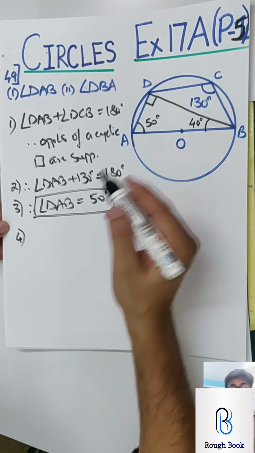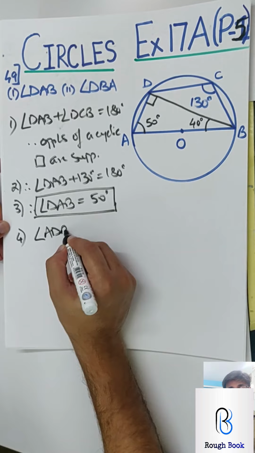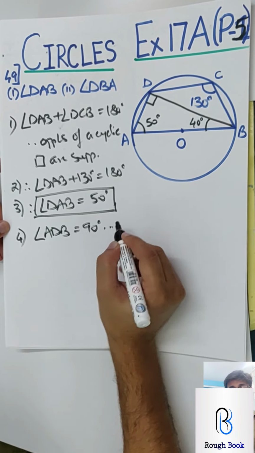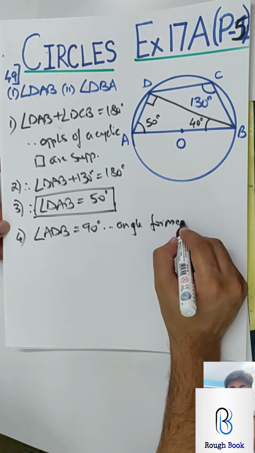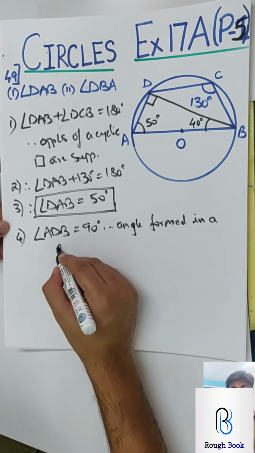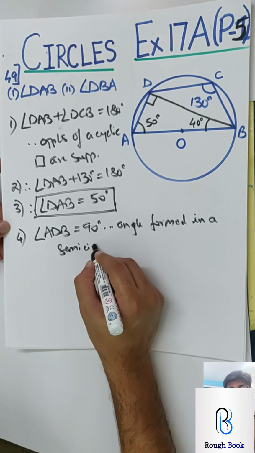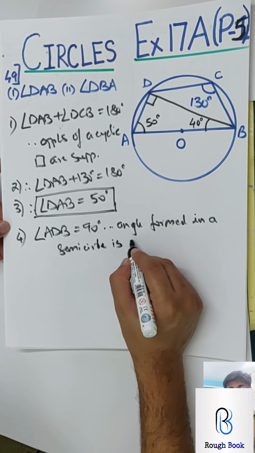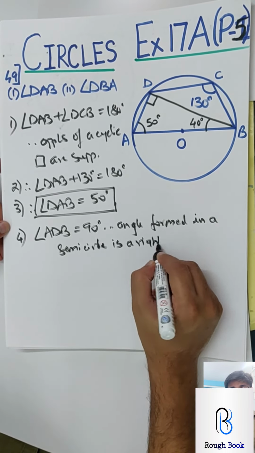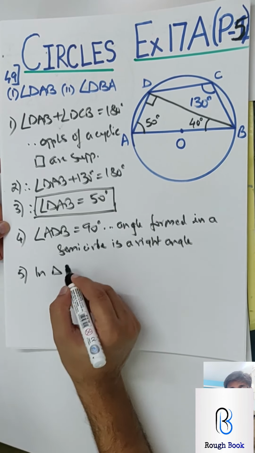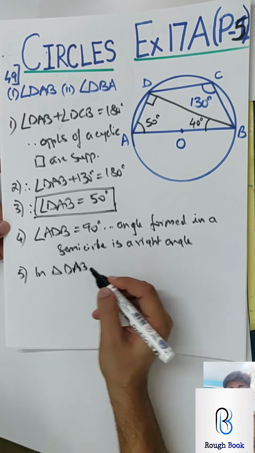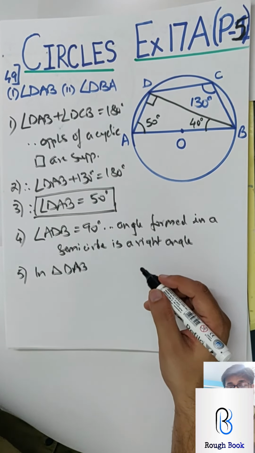The second part, for that get this 90, so directly say angle ADB 90 degrees. Reason, angle formed in a semicircle, full statement please, is a right angle. So we managed to get this 90 degrees, and finally in triangle DAB, let's find the last angle, that is DBA.